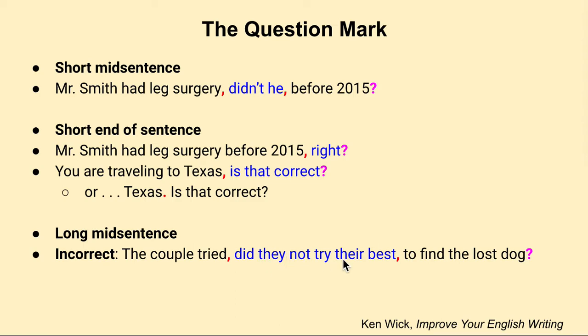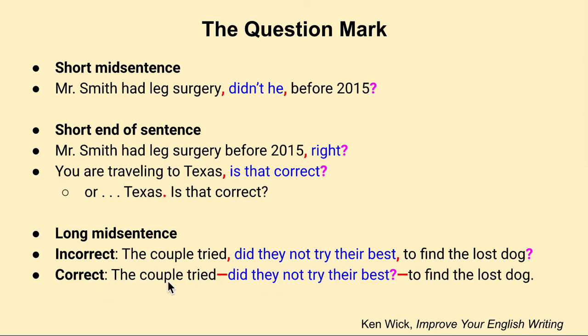If it was 3 or less, you could do it this way, but it's not. It's 4 or more, so you have to do it this way. The couple tried, dash, did they not try their best, question mark, dash, to find the lost dog. So this long mid-sentence question is separated with dashes, and the question mark comes before the final dash.